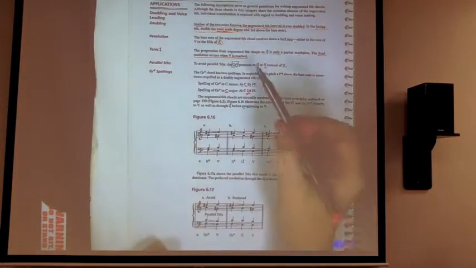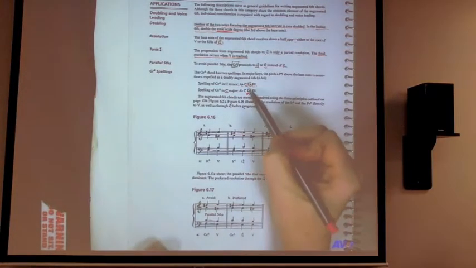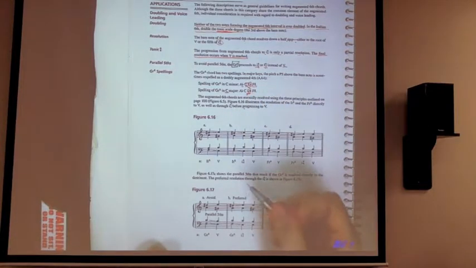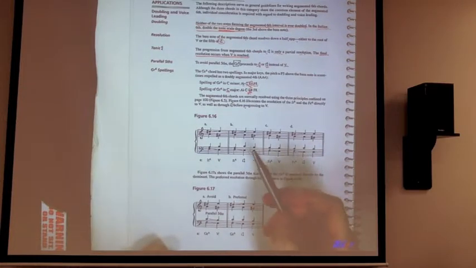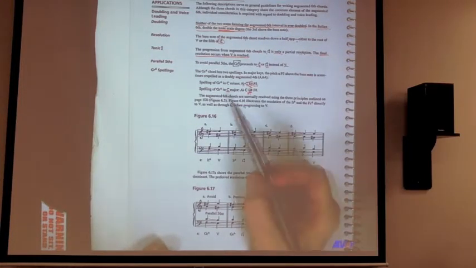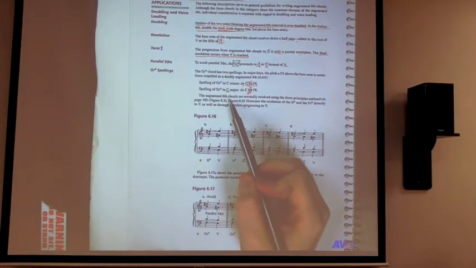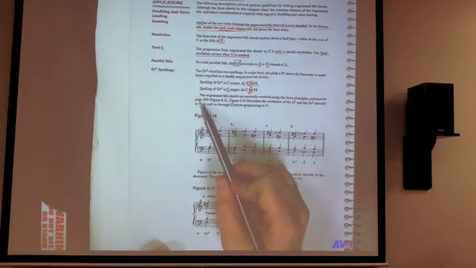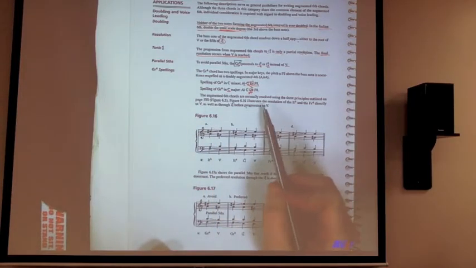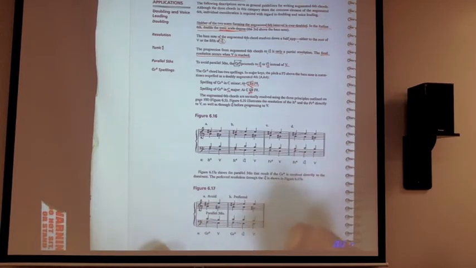So instead of the E flat, you replace it with a D sharp. All right? And that's only in the major, and that's only with a German chord. So, augmented sixth chords are generally resolved using the 3 principles outlined on page 100, which we already talked about. So it goes to 5, and then the German's going to go 1/6/4 and then 5.